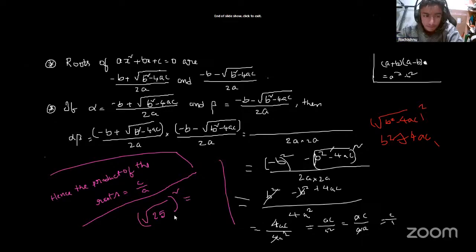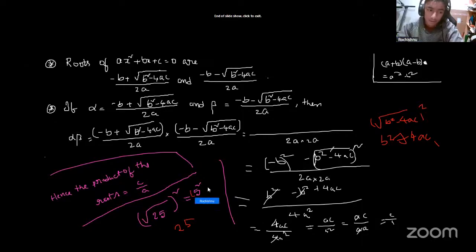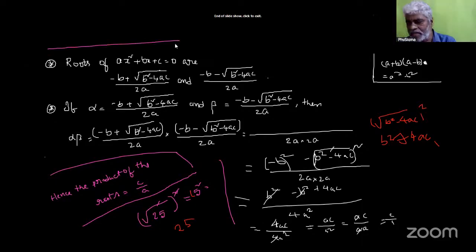First of all, root 25 is 5, and 5 whole squared is 25. That way, when we see it like this, we can cancel root and square. Some conditions apply, we will be discussing conditions later. But we can say the square root of a whole square is equal to a only.